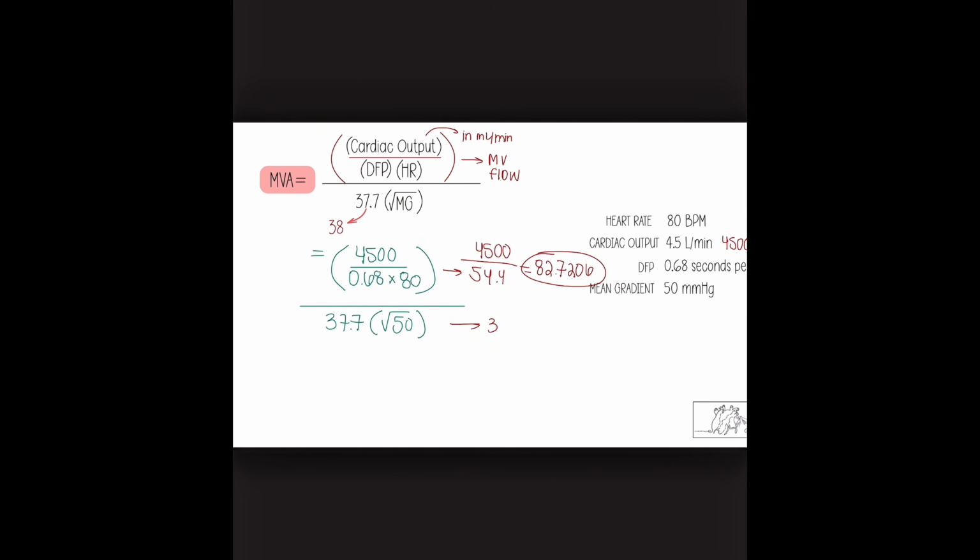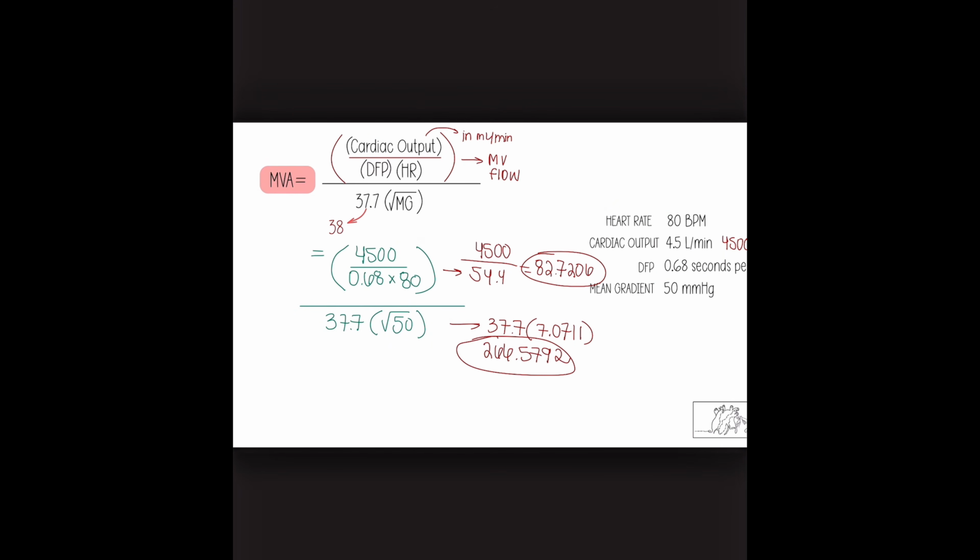And we'll do 37.7 times the square root of 50, which is 7.071, technically 7.11. And we'll multiply that by 37.7 or 38, whatever you choose. And that is 266.5792. Now I did make up these numbers, but that's a very big difference.